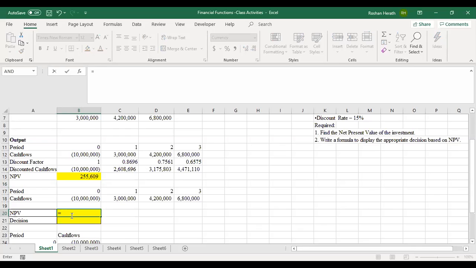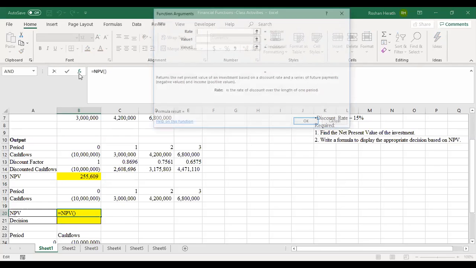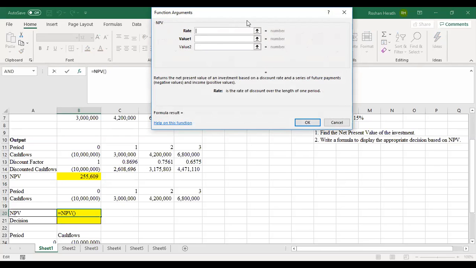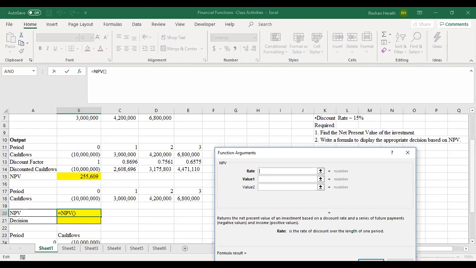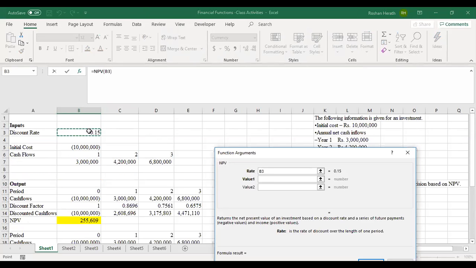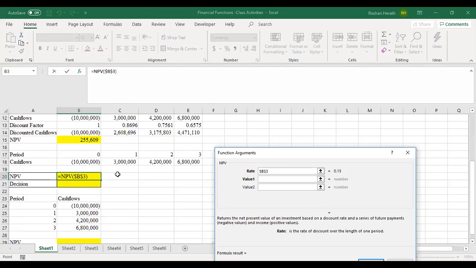Initially we took the NPV and went to the expanded form, which is quite convenient. Then you identify the discount rate, which was 15%, and then the cash flows.